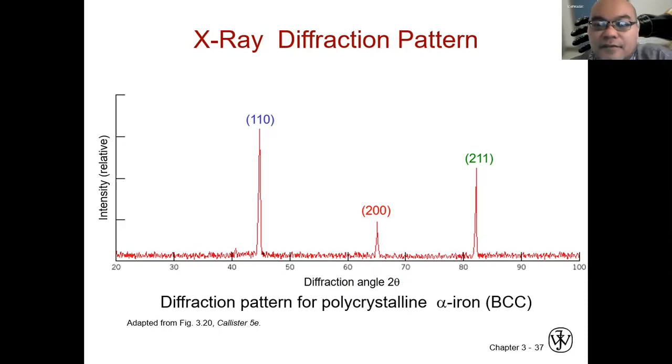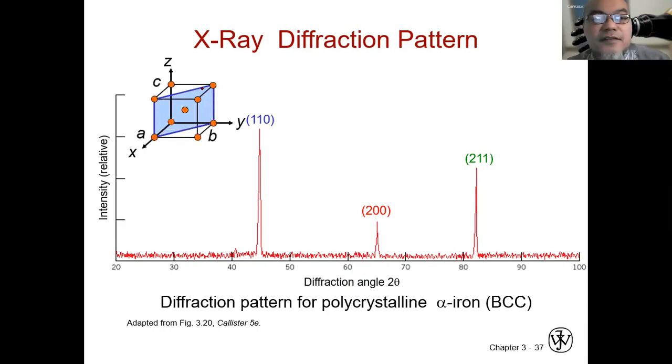And if you have one peak, it means it has that diffraction angle, because this is polycrystalline, with different orientations. When the X-ray hits that material, in one grain it will be diffracted by the 110 plane, in another grain the 200 plane, and in another grain the 211 plane. That's why we have this 110, 200, 211.